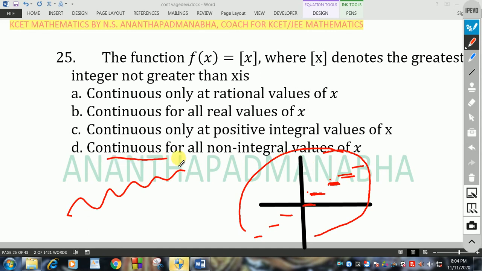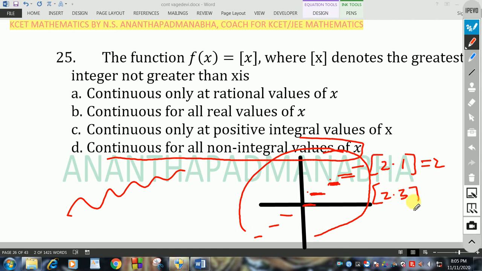Because if you write 2.1 you will get 2 here, if you get 2.3 you will get 2 here, when it is 2.99 also it is 2. So when it is 3 point something, or when it approaches 3 you will get 3.